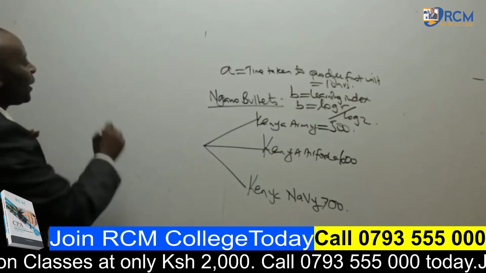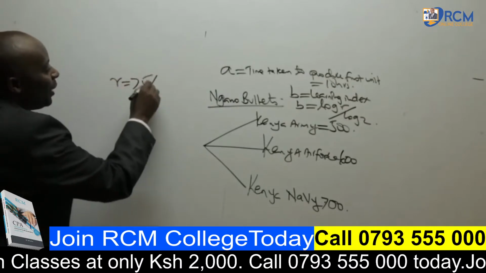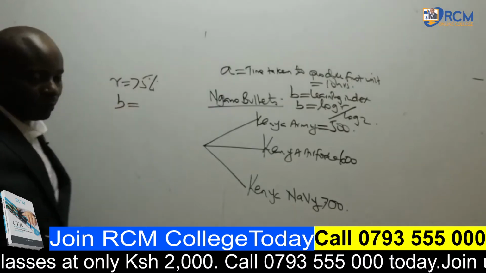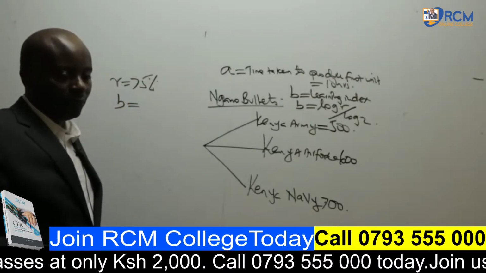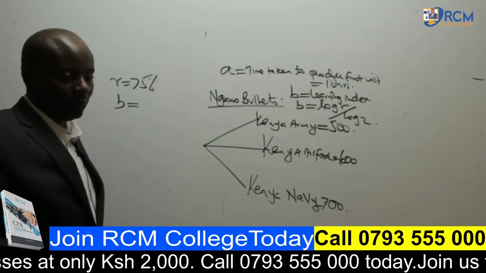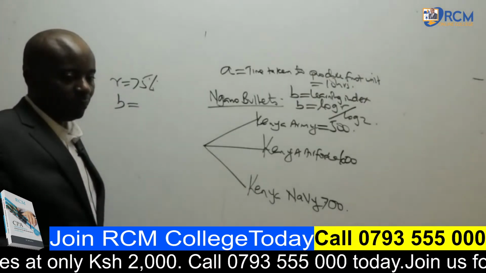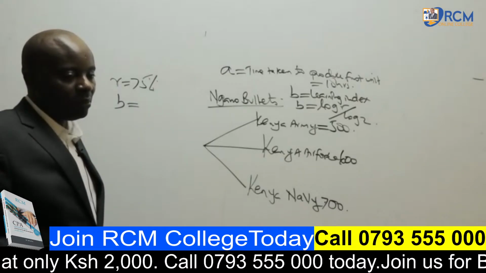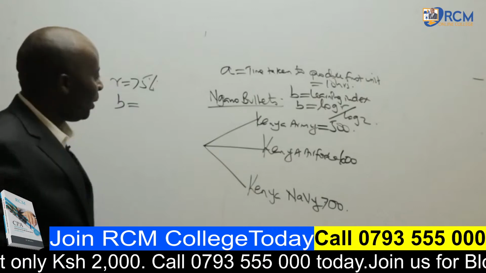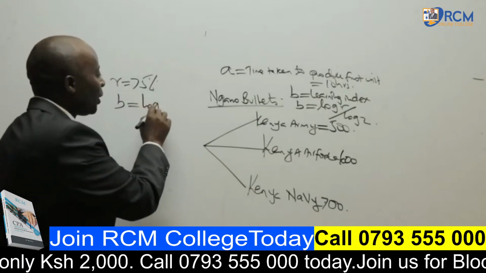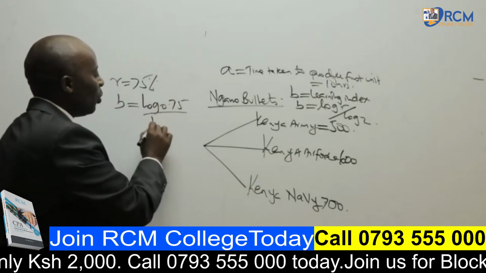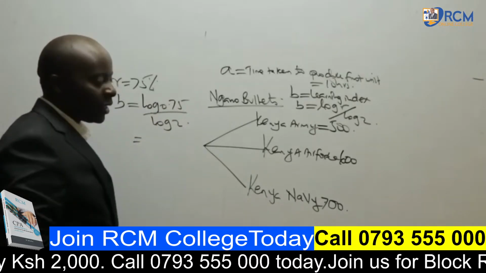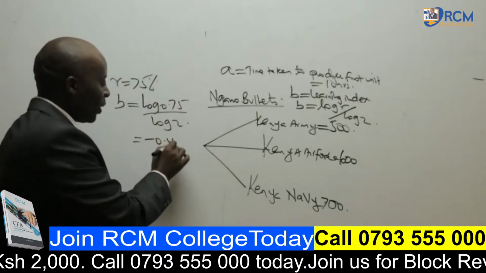So assuming that R is 75%, could you kindly give me the value of B? So B will be log R, which is log 0.75 over log 2. So log 0.75 over log 2, this will be minus 0.415, isn't it?